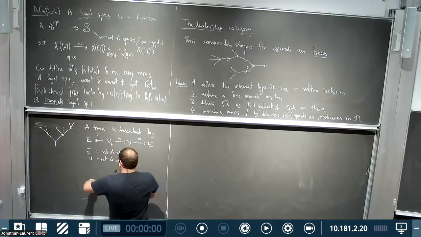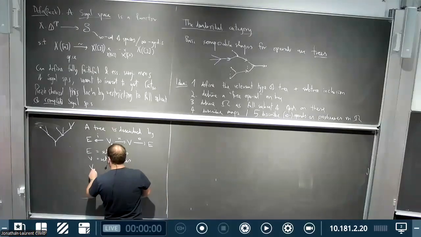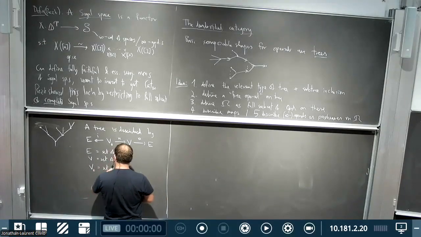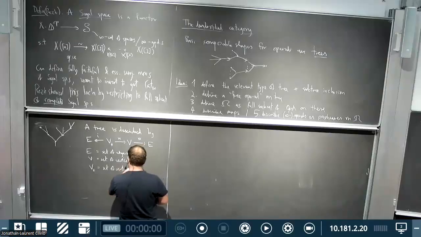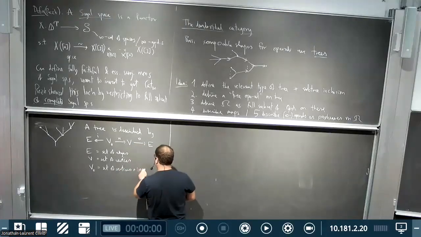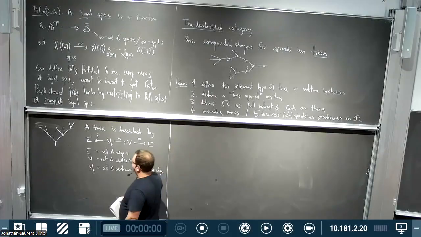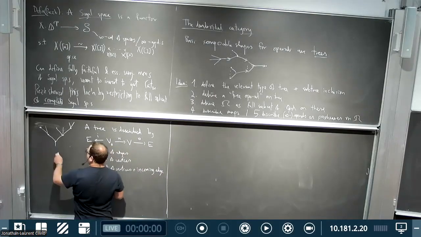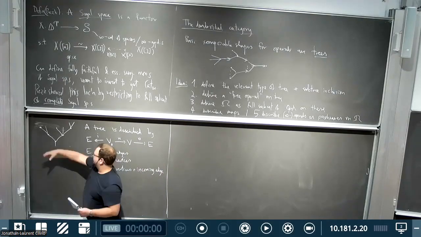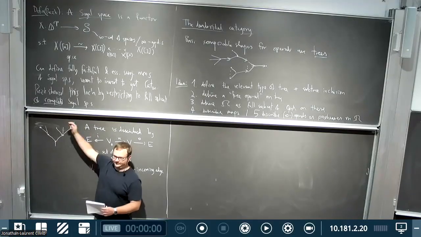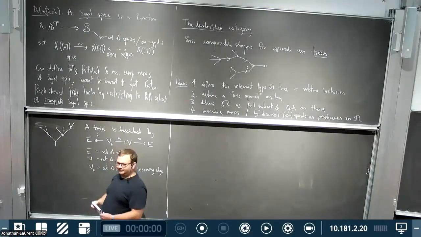But then V star is the set of vertices plus a chosen increment. So each of these vertices is supposed to know which edge is outgoing, and the rest are incoming. The outgoing one is the one that brings you closer to the root of the tree.